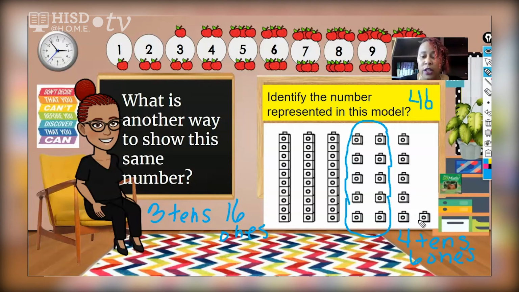Another way that we showed the number 46 was 4 tens and 6 ones. So we know there is more than one way to show a number. In today's lesson, we will be looking at different ways to show a number using concrete models.